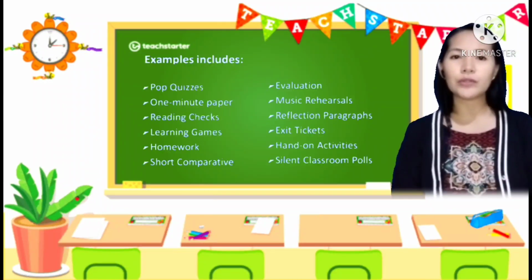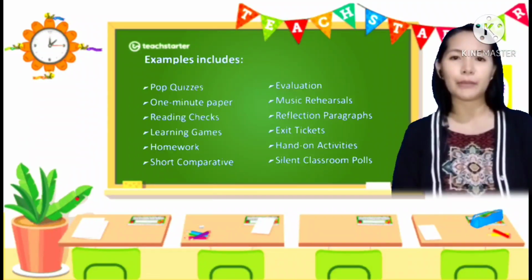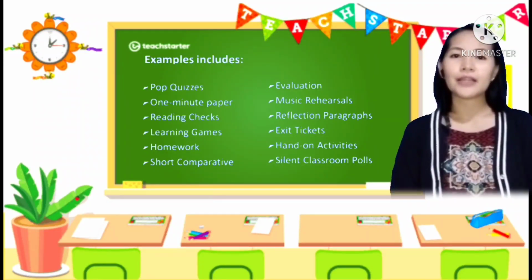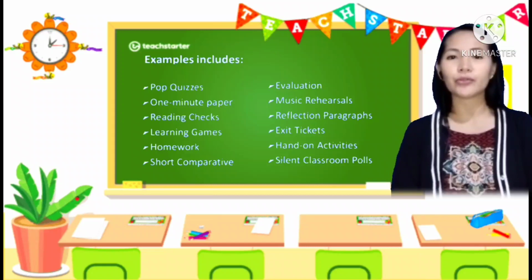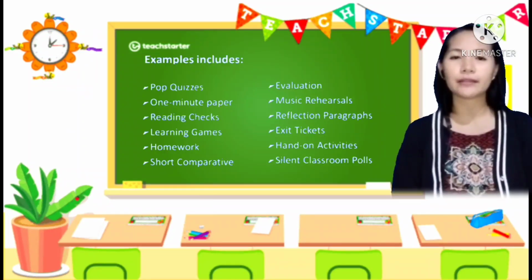Some examples include pop quizzes, one-minute papers on a specific subject matter, reading checks, learning games, homework, short comparative assessments to see how pupils are performing against their peers, music rehearsals, reflection paragraphs, exit tickets to summarize what pupils have learned, hands-on activities, and silent classroom polls.